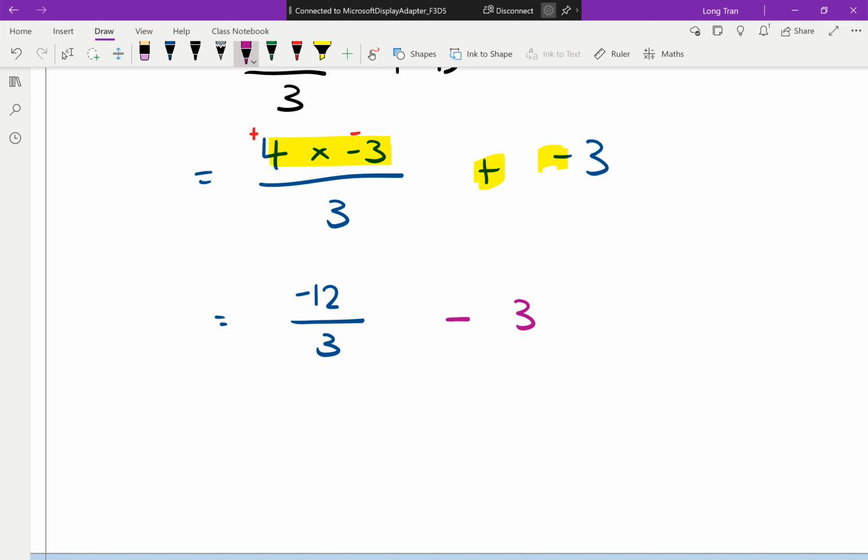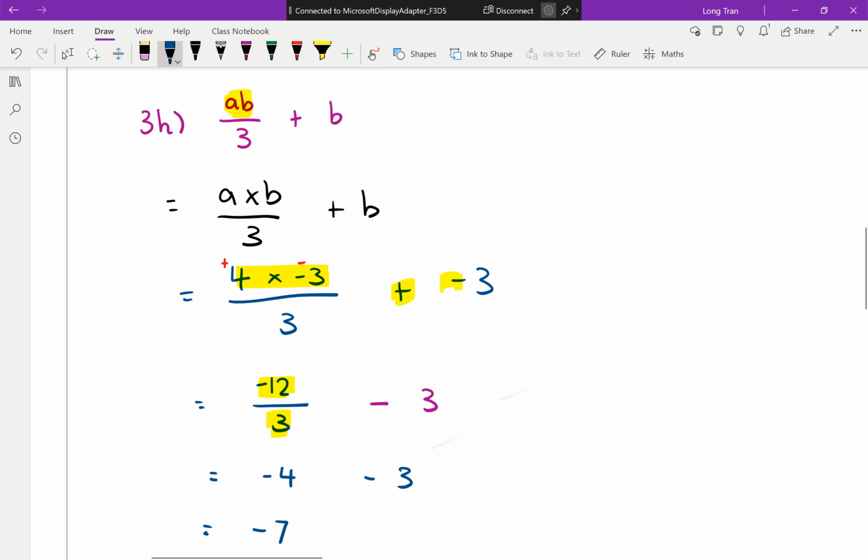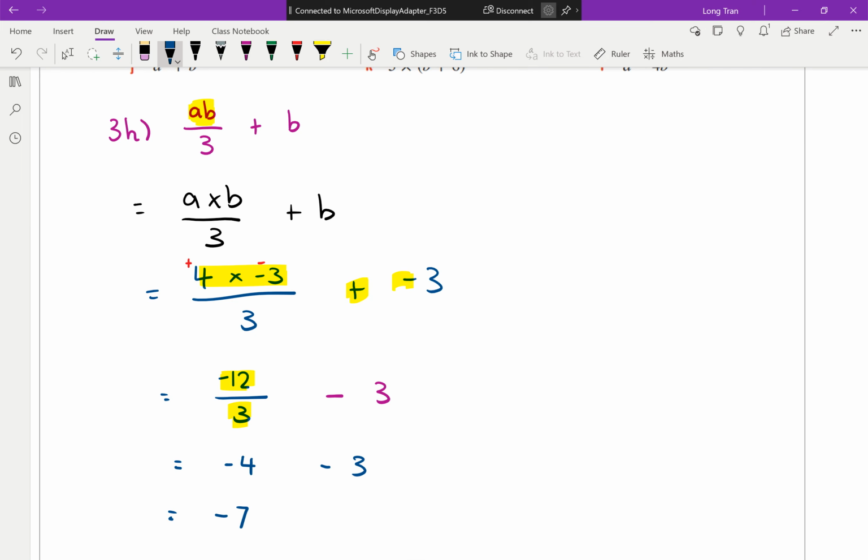This just means -12 divided by 3. What's -12 divided by 3? -4. Very good. So here I can now say that's -4 minus 3, and making sure that your integers are okay, use a number line in case you make mistakes. -7. Very good.